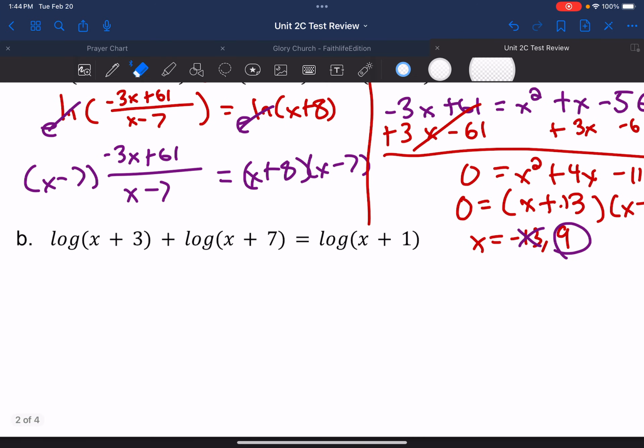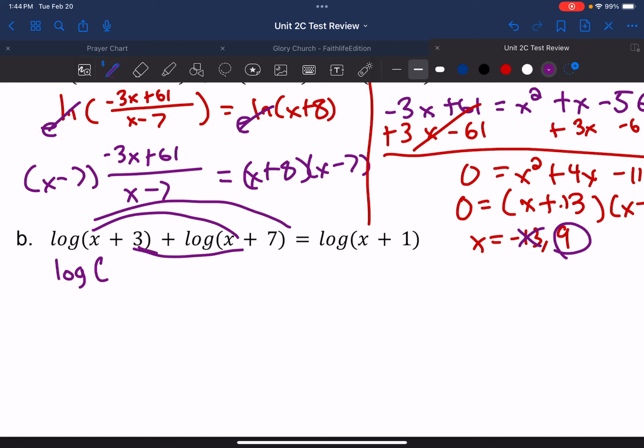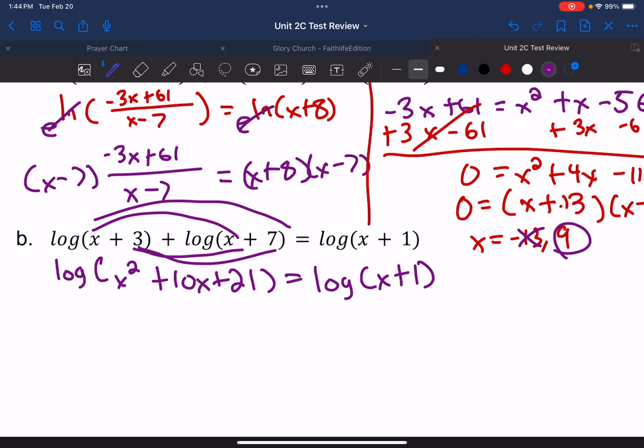This one, I've got addition becomes multiplication, log. I'm going to multiply these together. Log of x squared plus 10x plus 21 equals log base 10 of x plus 1. And this is log base 10, right? Because it's not written there, so I can do base 10.